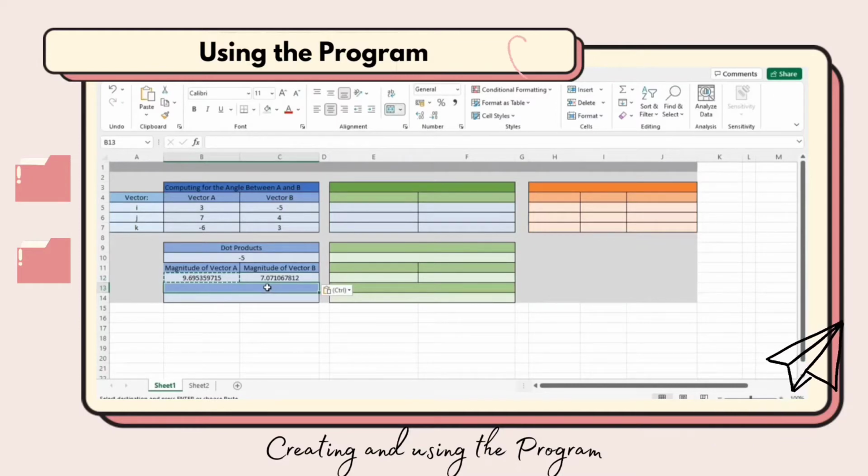The next one is the angle between vector A and B. To get the angle between vector A and B, divide the dot product of vector A and B by the magnitude of vector A, divided by the magnitude of vector B, then get the arc cosine of the answer. In Excel, we can just type.